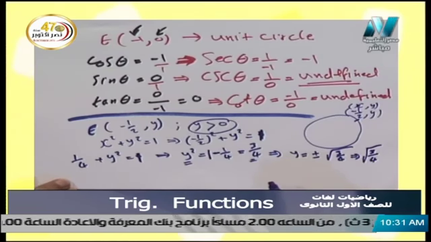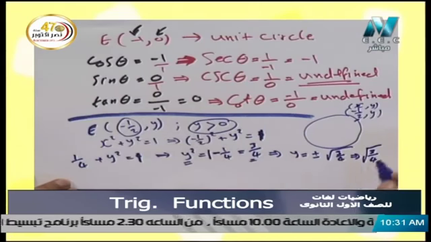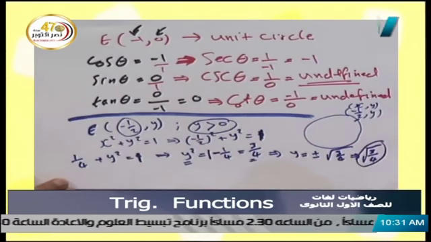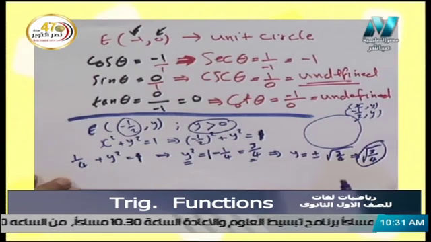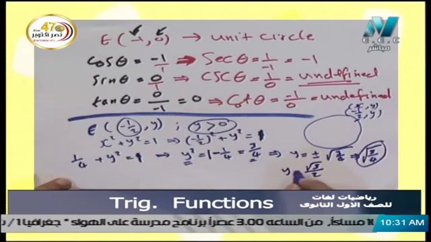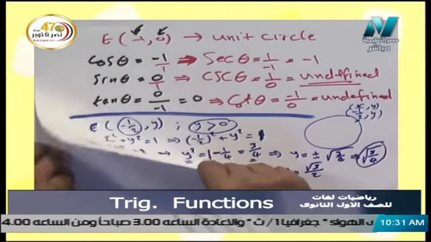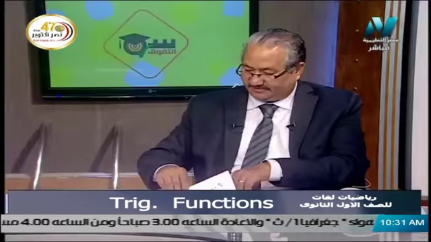So we have x equal negative half and y equal square root 3 over 4, or we can call it root 3 over 2. Okay, let's keep the results here and turn to another paper.